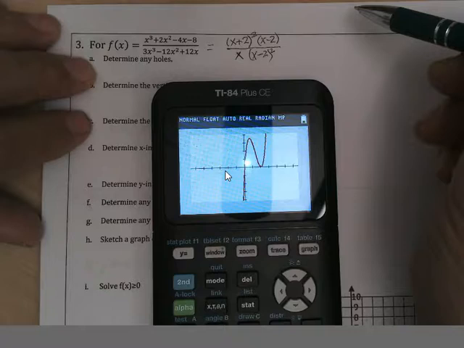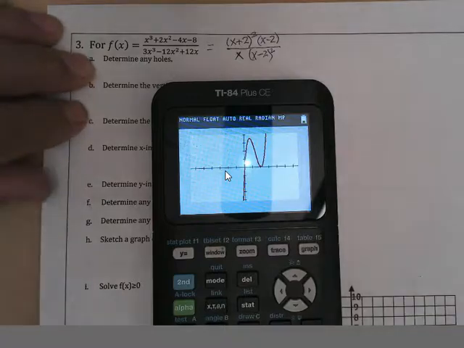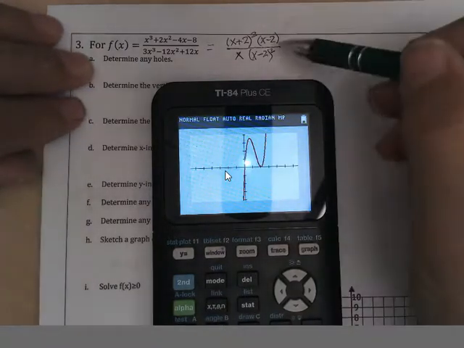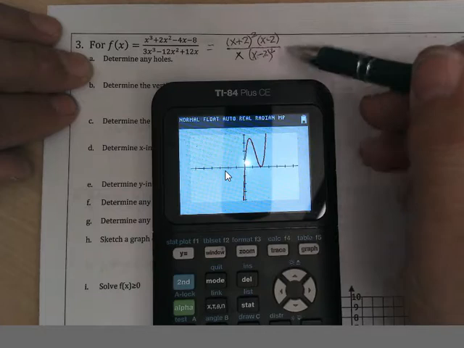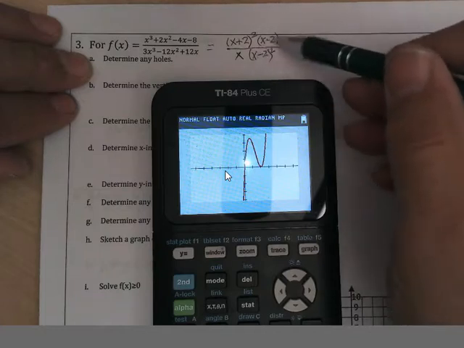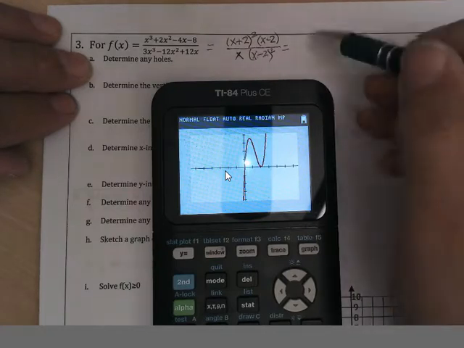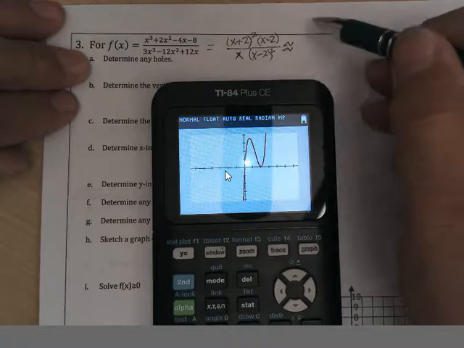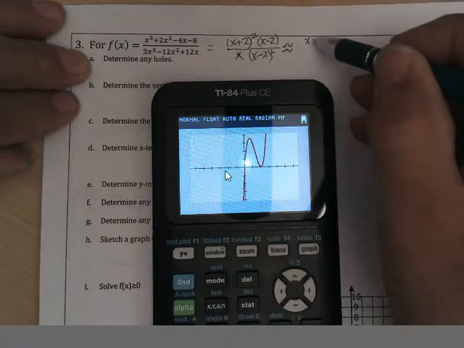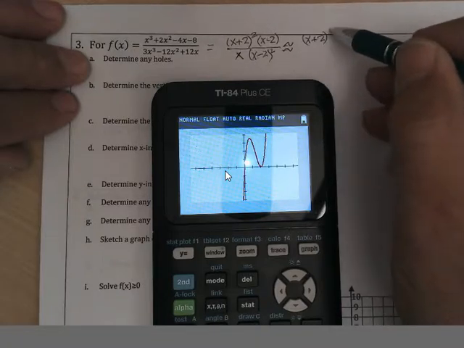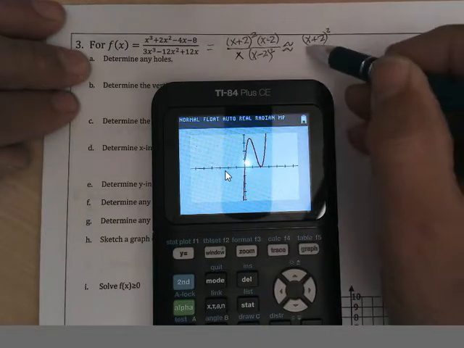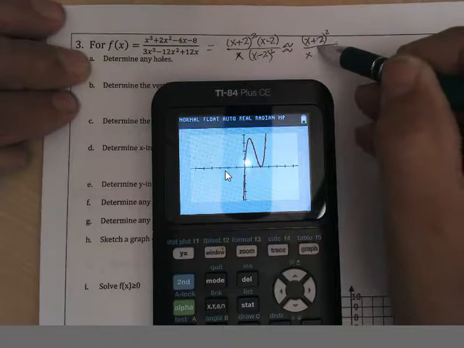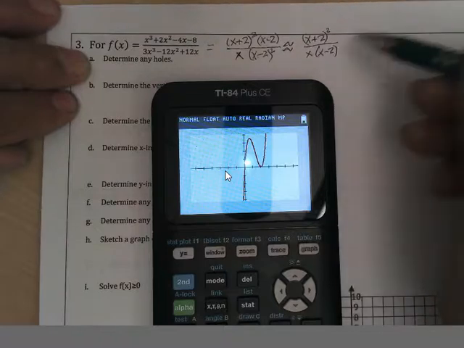Okay? So, what does that tell us? Well, it looks like there's a hole at minus 2 if we cancel one of these. So, what would be similar to this would be x plus 2 squared over x times x minus 2.